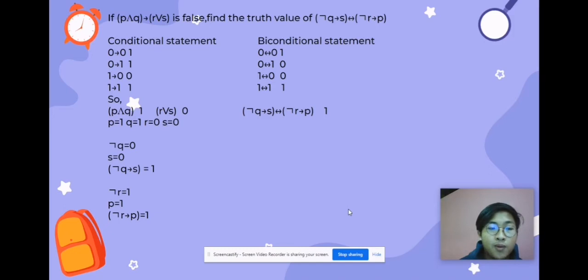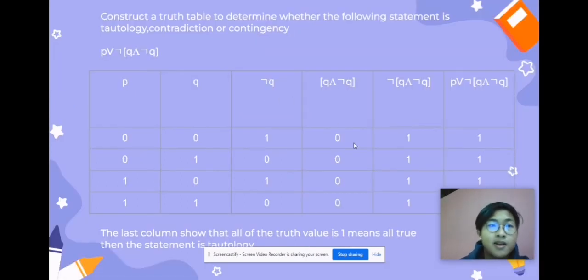So 1 implies 1 equal to 1 based on conditional statement. So the answer is not Q implies S equal to 1 biconditional not R implies P equal to 1. So we get it as 1 or true based on biconditional statement. Yeah, 1 biconditional 1. Next question.